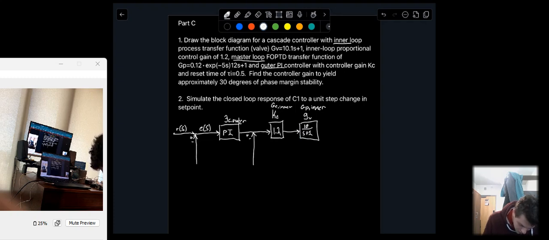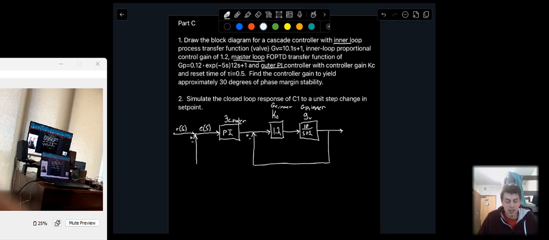And then we need GP outer. The way that's going to happen is we're going to send an error signal down here from this function, return that back to our GC, and then multiply it again by 1.2, and then have it go through the process. Okay, and then we need an outer process function here.